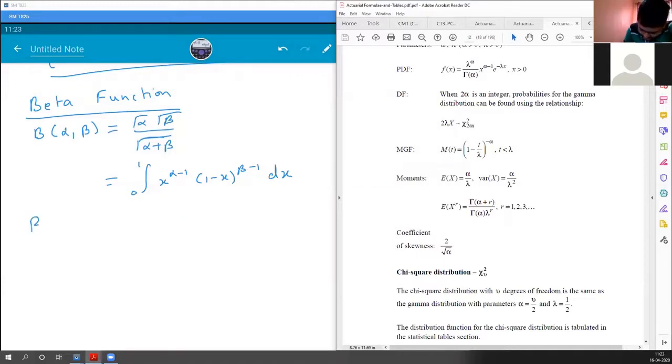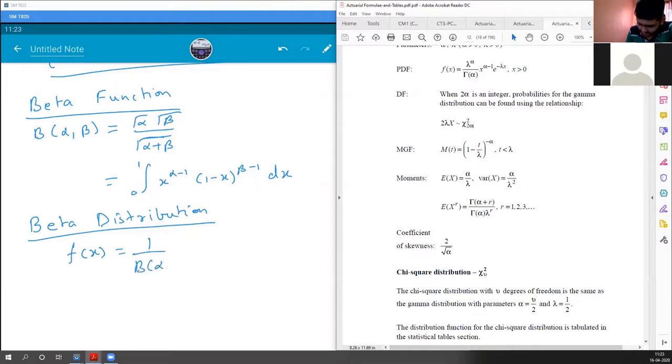We'll go to beta distribution. In the beta distribution, our f of x is equal to 1 by beta alpha comma beta, x raised to alpha minus 1, 1 minus x raised to beta minus 1.